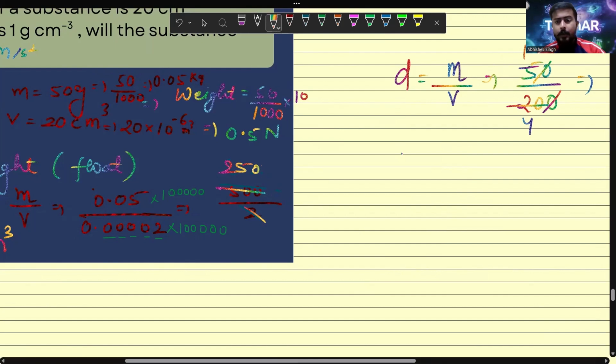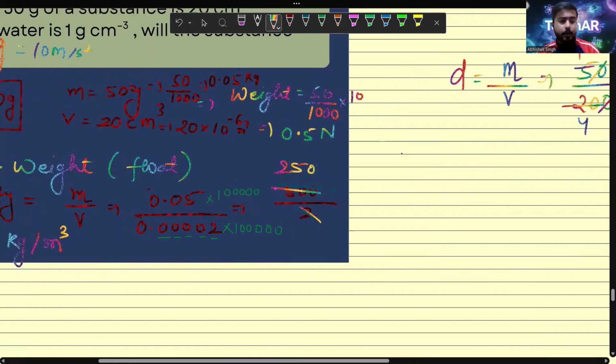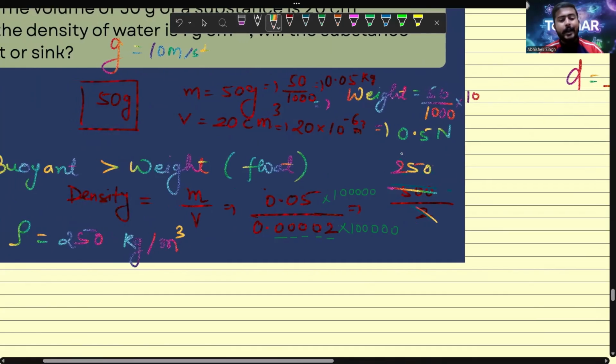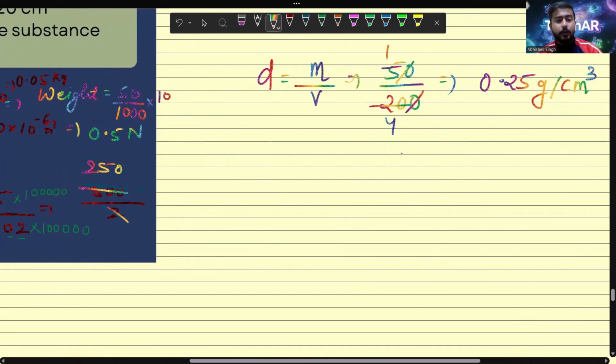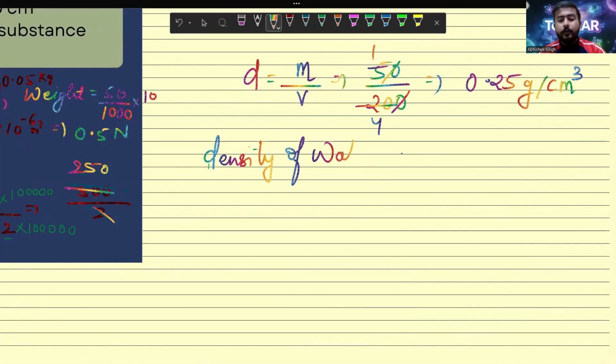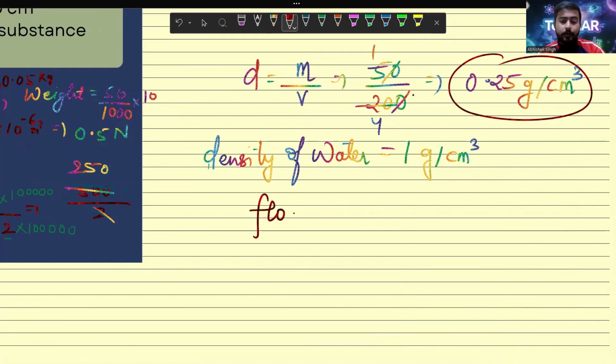So yes, over here we also got to see that the density of this object is actually less than the density of water. What is the density of water? Density of water is equals to 1 gram per centimeter cube. So yes, if the density of the object is less than water, it will definitely float.